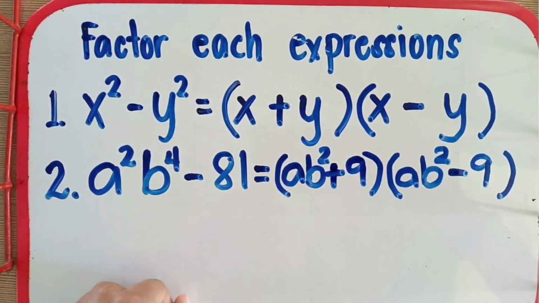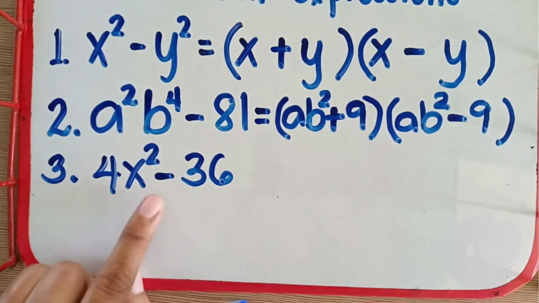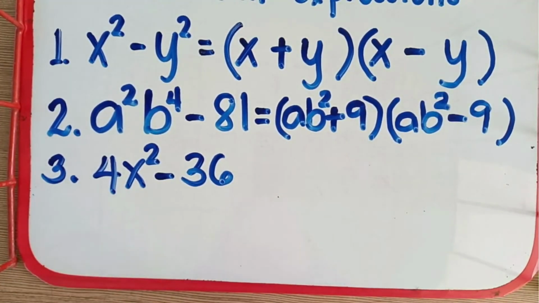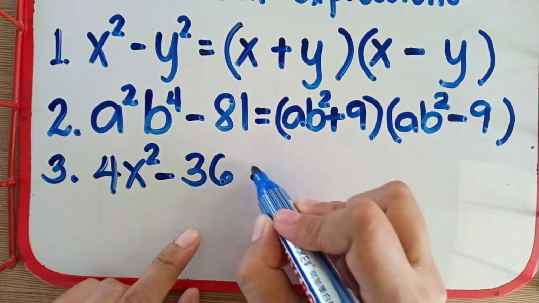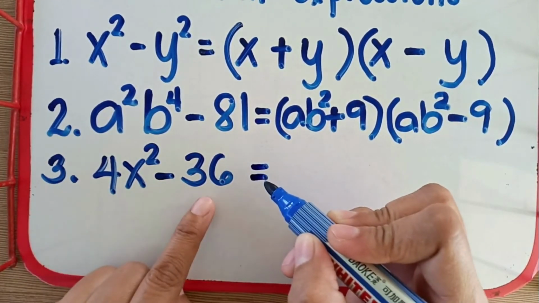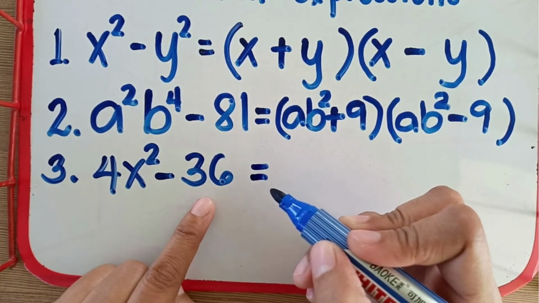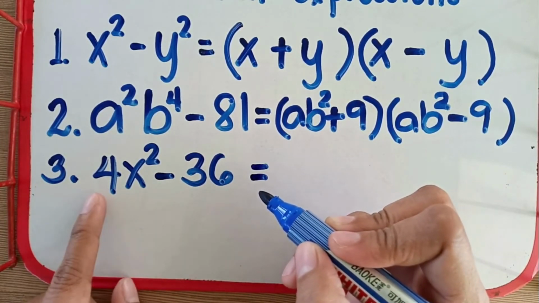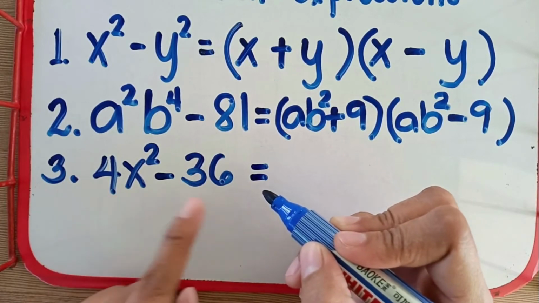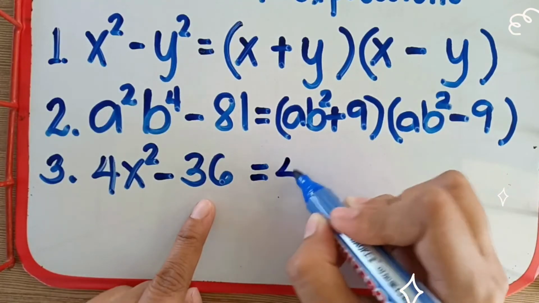Let's have example number 3: 4x squared minus 36. As you can see, the first term and the second term have a greatest common factor. What is the greatest common factor of 4 and 36? That is 4.